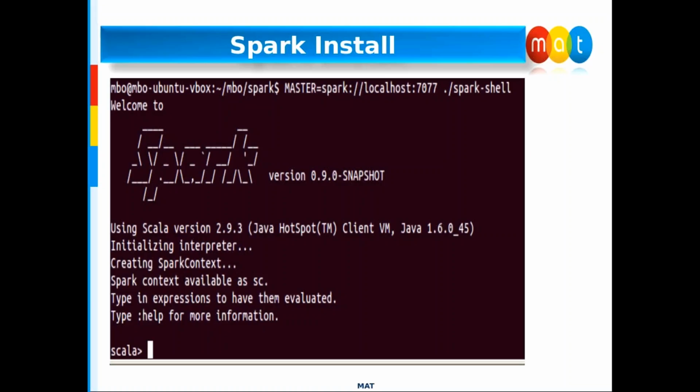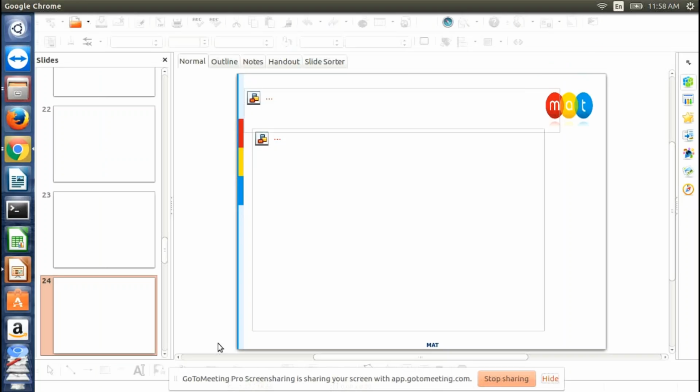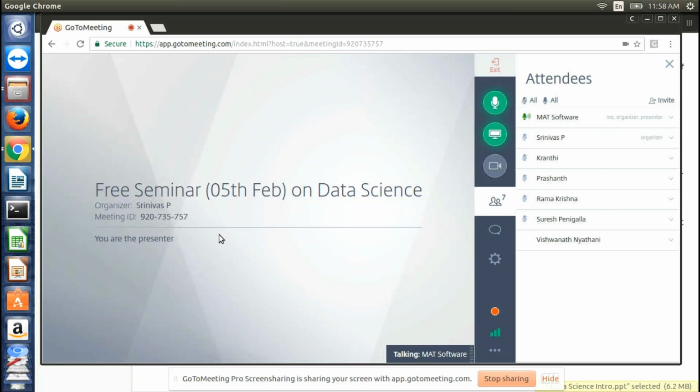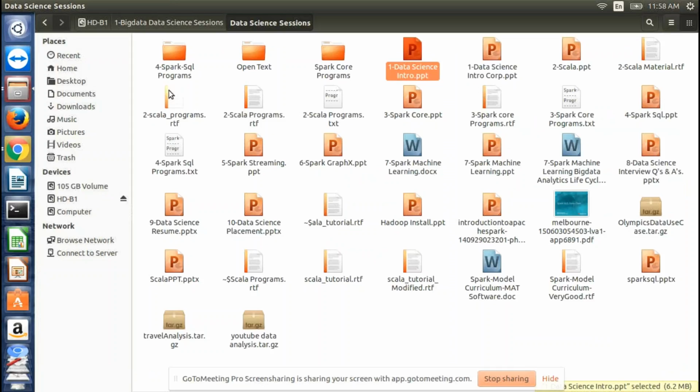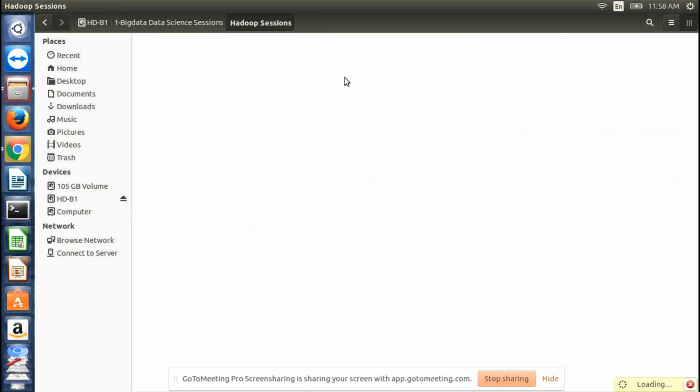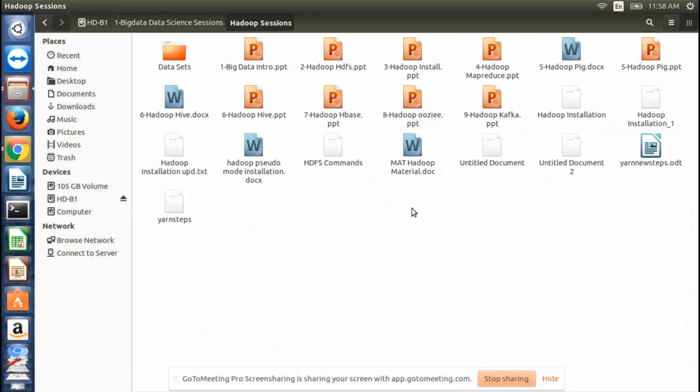Finally. Clear? Okay. So now we have understood what is big data. We have understood what is Spark, what skill set is required to become a data scientist, then what is a cluster, what is a distributed environment.